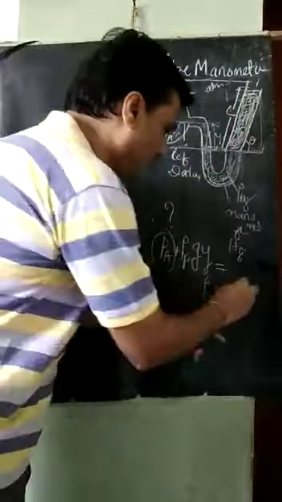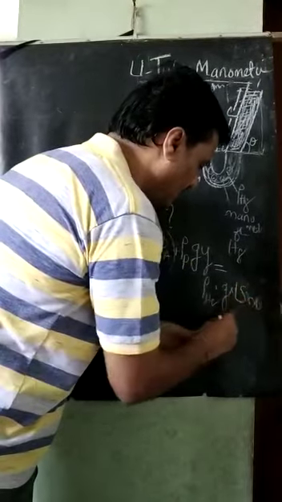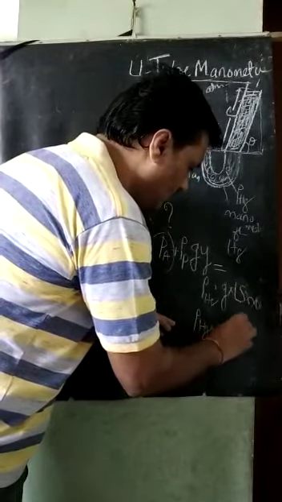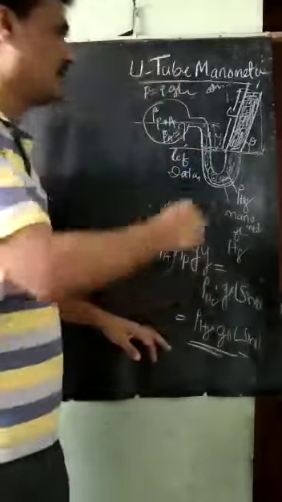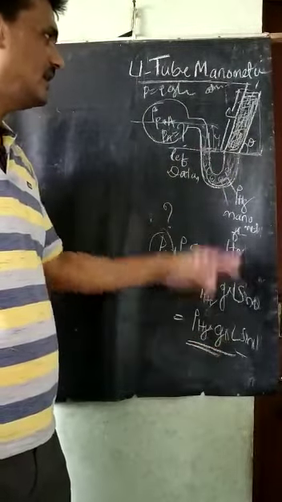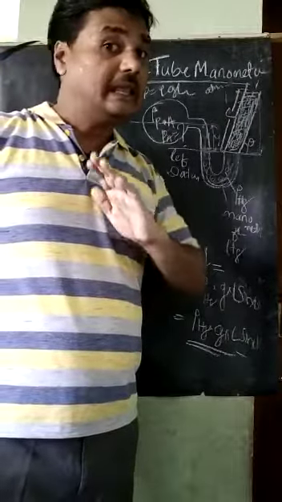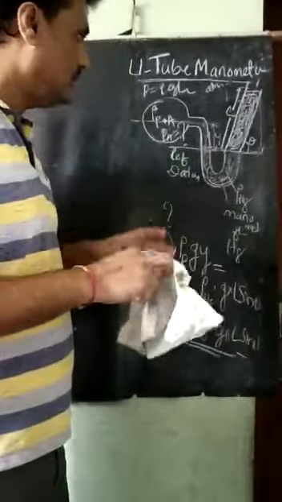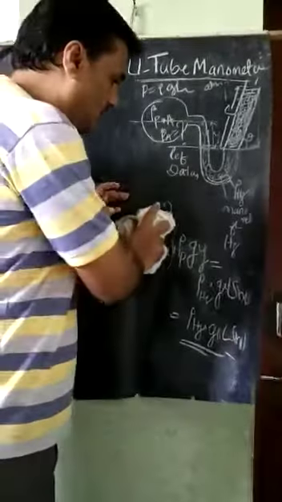So it becomes rho_hg into g into L into sine theta at the right side. Theta is considered with the horizontal, and L is the inclined length. That type of manometer is called an inclined manometer. So this is how the variations take place in U-tube manometers.